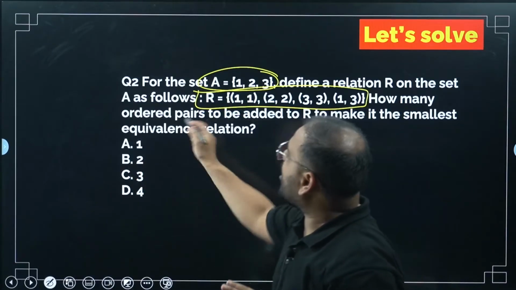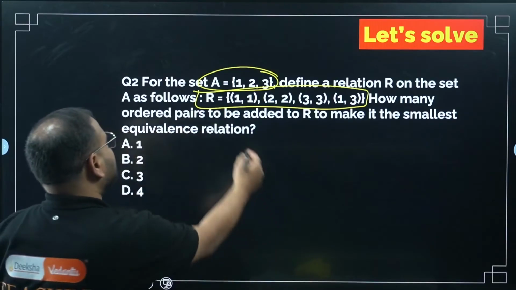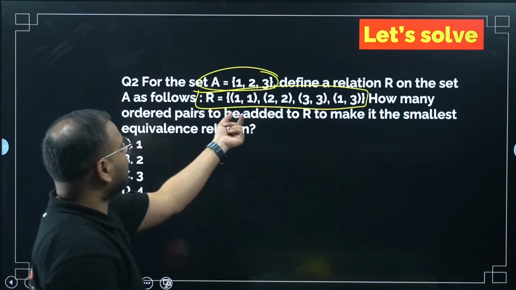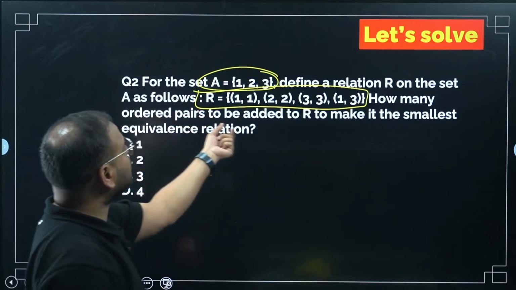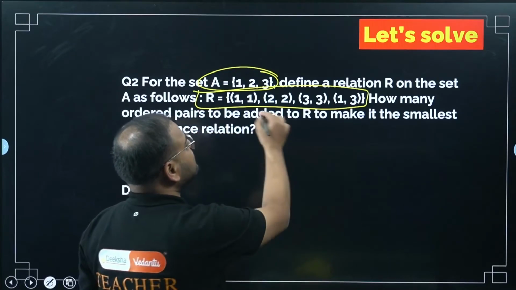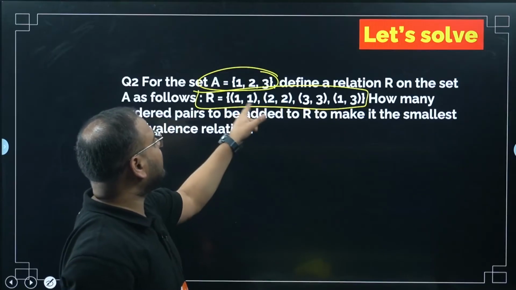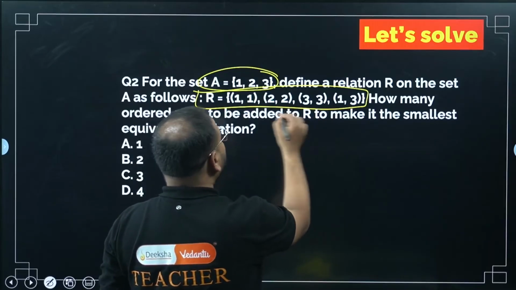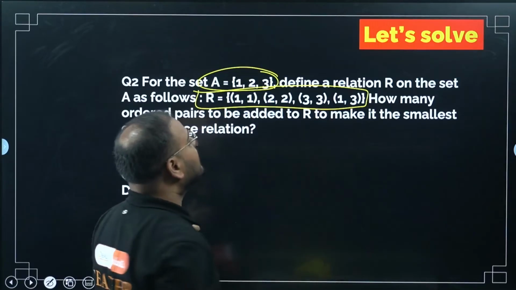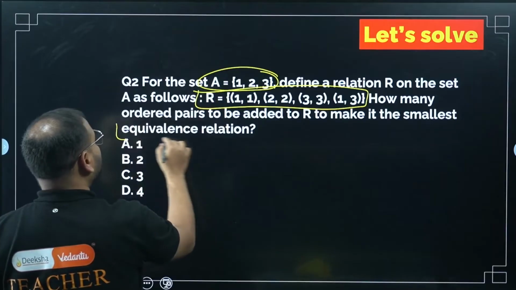How many ordered pairs? This 1, 1, 2, 2 like that. This 1, 1 is called an ordered pair. So how many ordered pairs are to be added? How many pairs right now are there? 1, 2, 3, 4. So how many do I have to add to make this relation R the smallest equivalence relation?